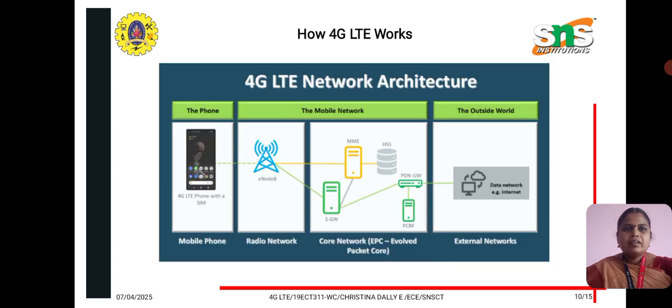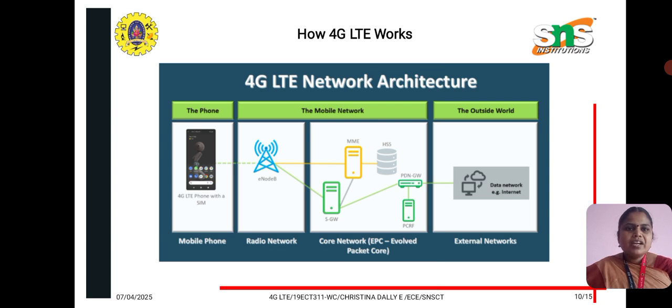So this is the architecture diagram of 4G LTE. It is divided into four categories: the mobile phone, the radio network, the core network, and the external network. The mobile phone is connected to the radio network.